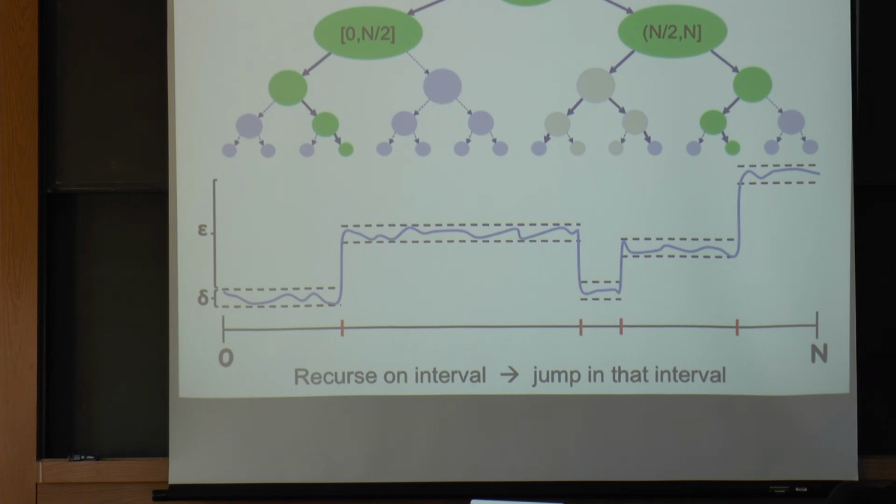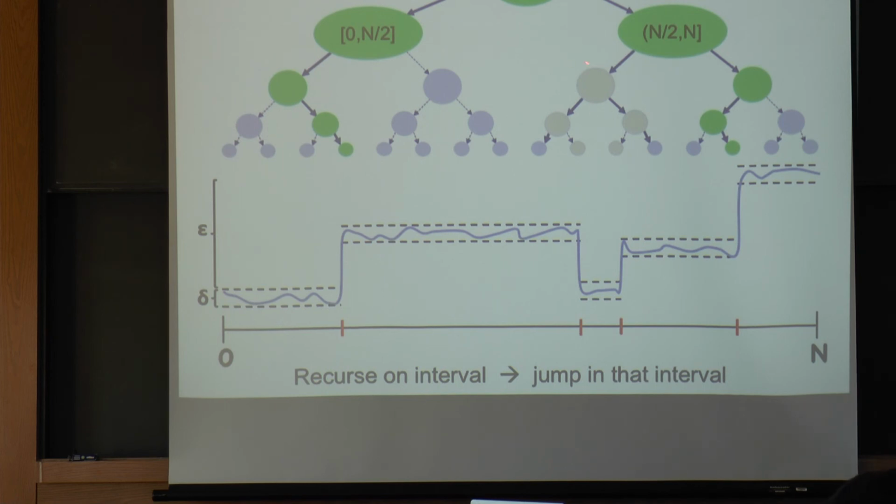So we can think of the intervals that you can possibly recurse on as consisting of a tree. The root of the tree is just the entire space. Its children are the two intervals when you divide it in half, and their children similarly, you keep dividing the interval in half to get the children. The green guys represent intervals that we actually recursed on. The blue guys represent intervals that don't have any traitors in them.